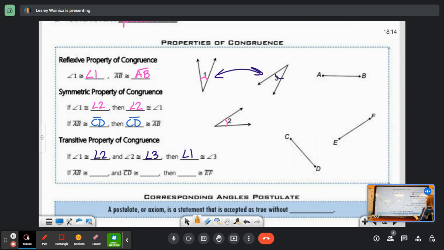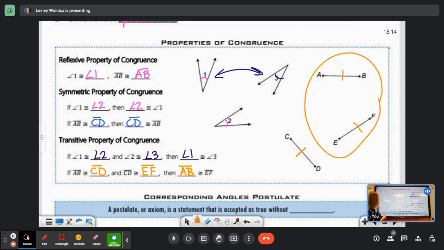All right, last one. So if segment AB is congruent to segment CD, and segment CD is congruent to segment EF, then segment AB is congruent to EF. So AB and CD are congruent, and then CD and EF are congruent.